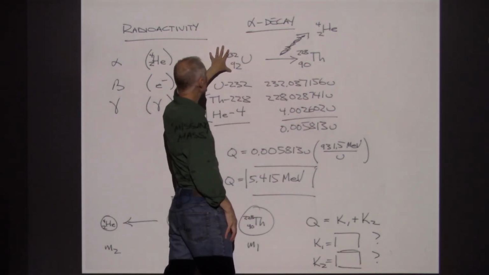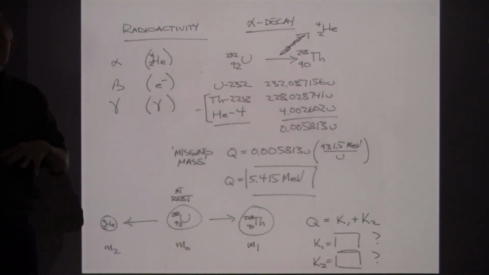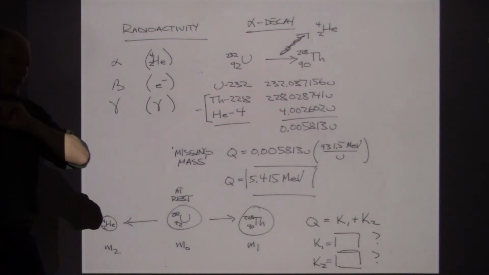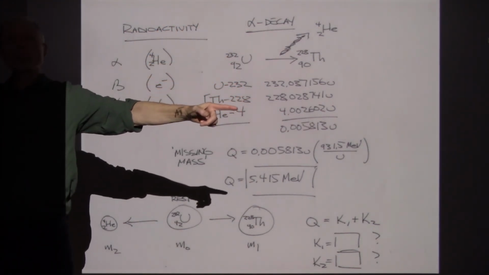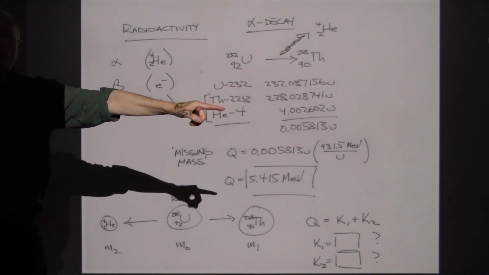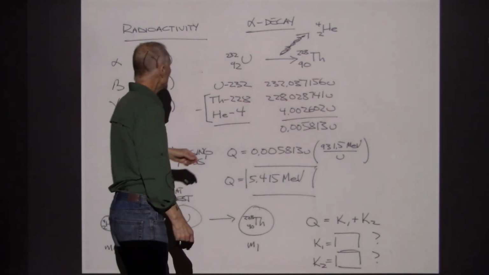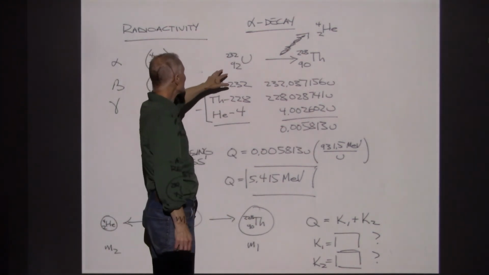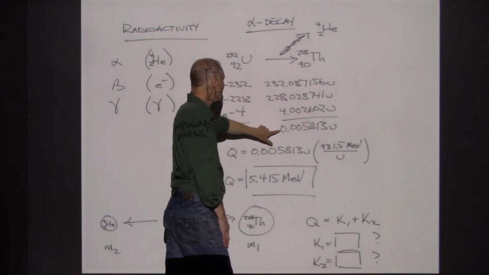So if we imagine the uranium-232 to be sitting there at rest, and it suddenly undergoes radioactive decay, then the helium-4 gets shot out in one direction, and the thorium-228 heads off in the opposite direction because of momentum conservation. Now, where is the kinetic energy coming from? The kinetic energy is coming from here.